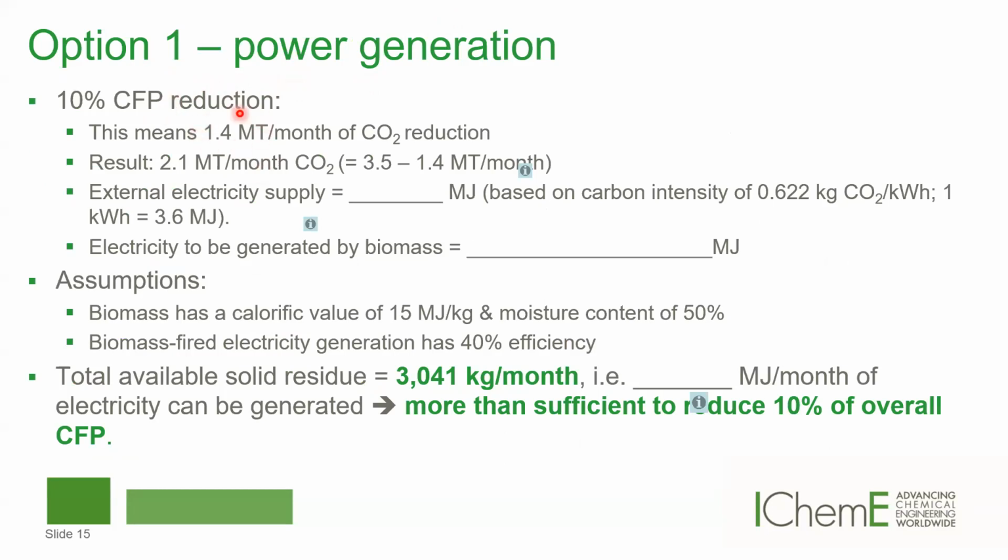So if this is our target reduction of 1.4, that means if we are releasing 3.5 megatons of carbon dioxide per month because of power generation, we only need to release this value.